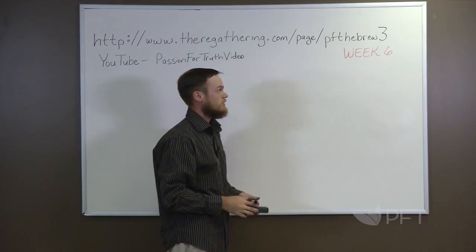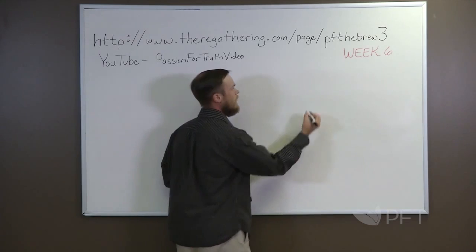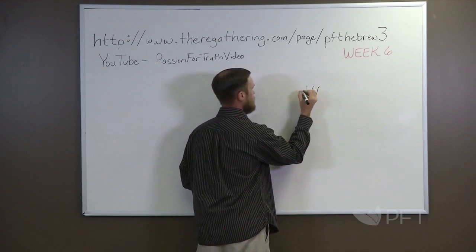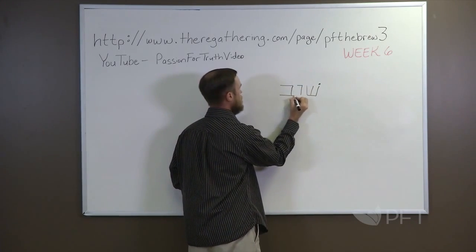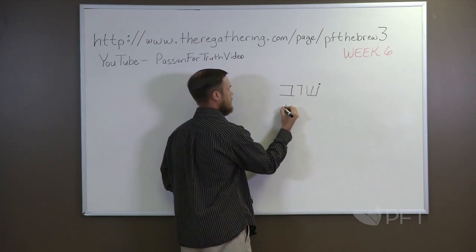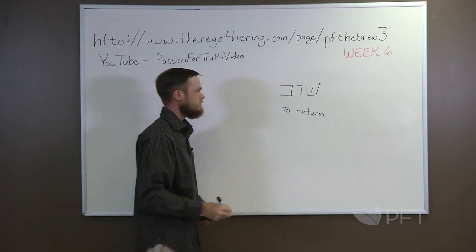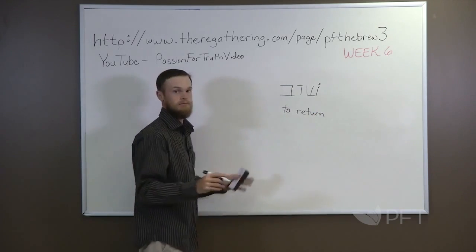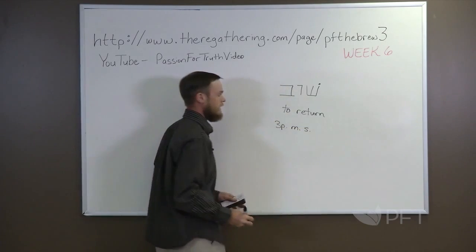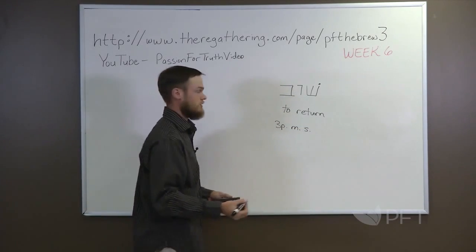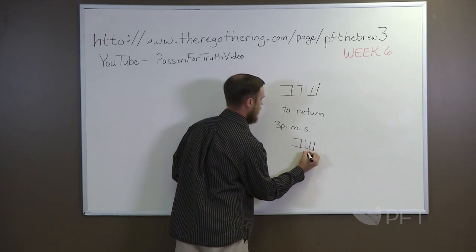And if you want to practice some more ayin vav conjugation, I don't have this on the vocabulary sheet, but a word you can use to do that is shin vav beit, which means to return. Just to give you a little pre-hint, the third person masculine singular in the past tense of this would be shav.